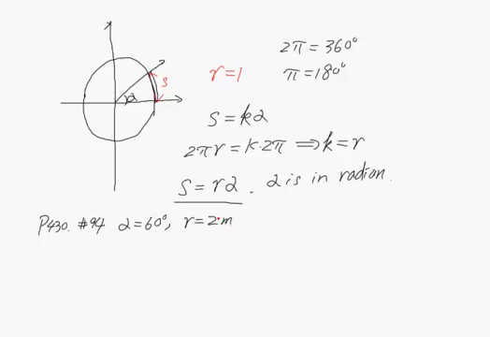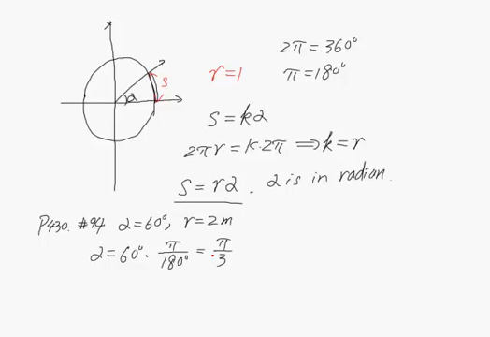First, we need to convert this degree measure into a radian measure so that we can use this arc length formula. So alpha equals 60 degrees, and then we just multiply this by pi over 180 degrees. Now you can cancel the degrees so that you get a real number, which is the radian measure of this angle. So then you have pi over 3.